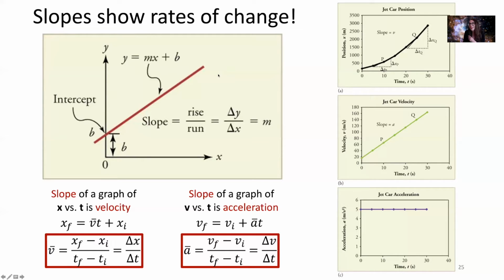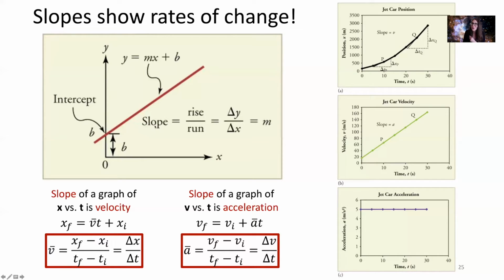And if you remember the equation of a line, the equation for a line is y equals mx plus b. y is our y position on the graph, x is our x position on the graph, m is the slope of the line, and then b is the y-intercept, where we cross the y-axis here, okay?